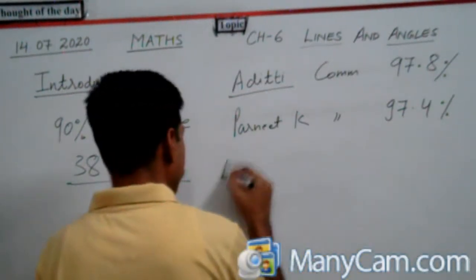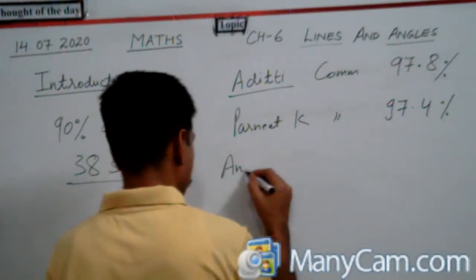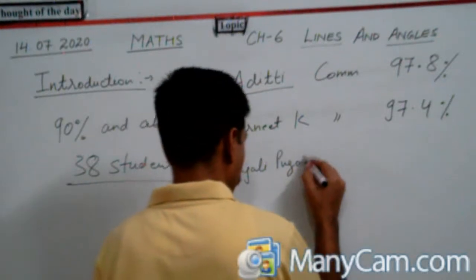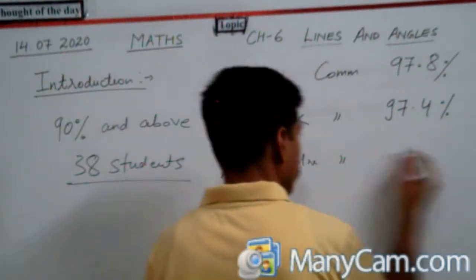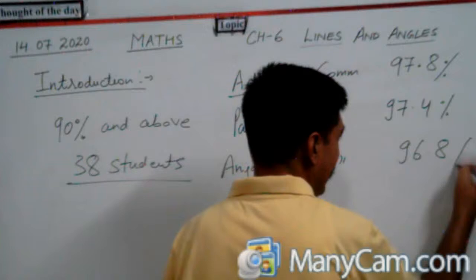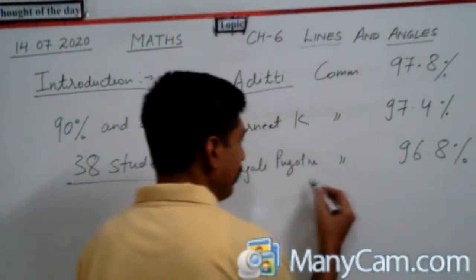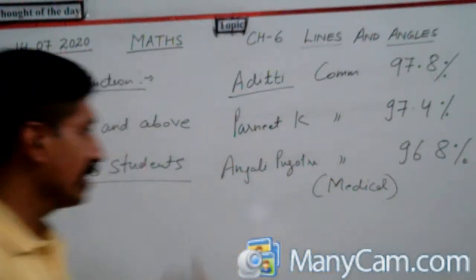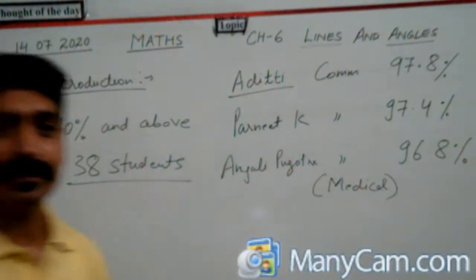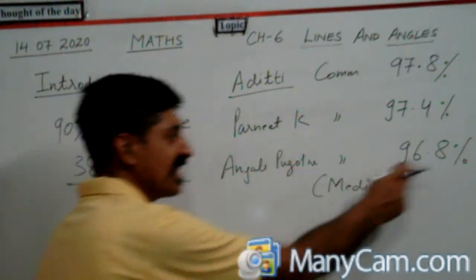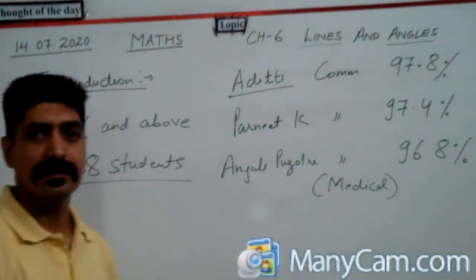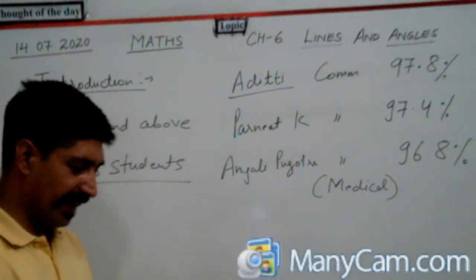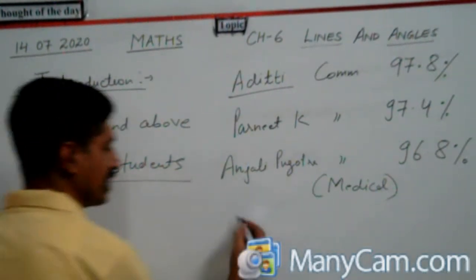Then Anjali scored 96.8% in medical. She is the topper of medical of our school, right? And in the non-medical stream, we have Manpreet Singh with 96%.